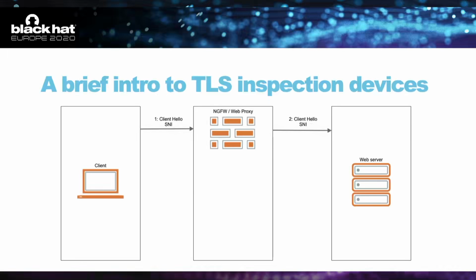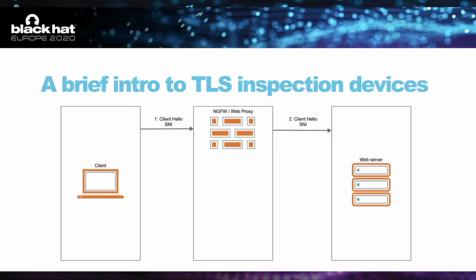In this example diagram, we are using a TLS inspection device, either a next generation firewall or a web proxy of some sort, working as a legal man in the middle, so to speak, in order to inspect the traffic for malicious content, look up the domain being used in a blacklist, and block or allow said traffic based on the result. So in step one, the client begins by sending a client hello.